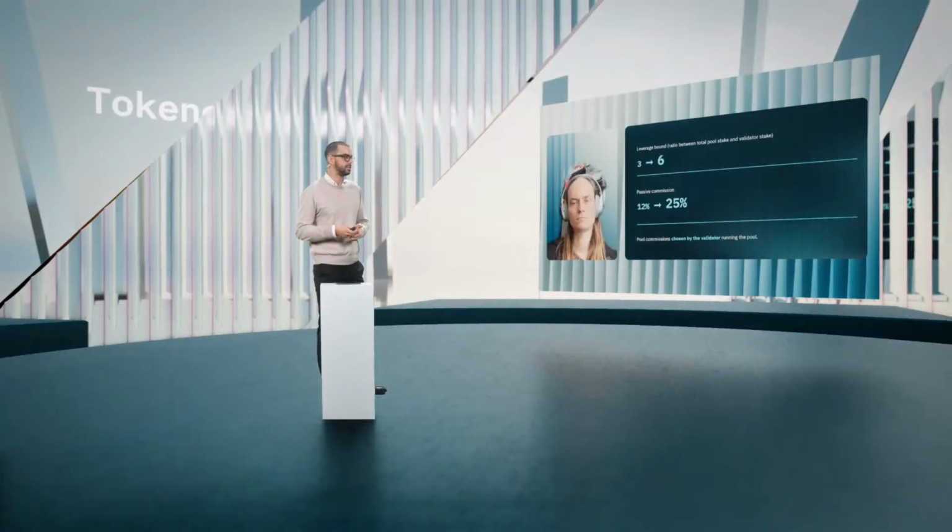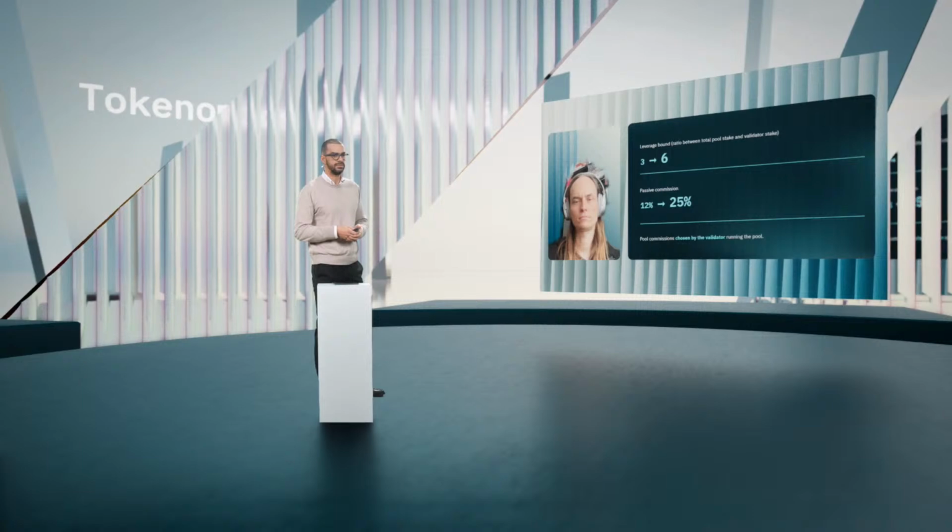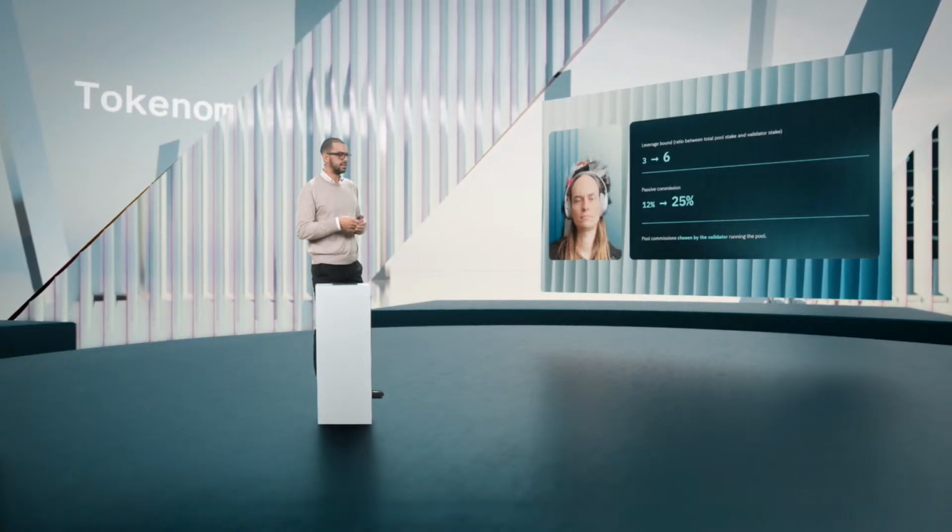Another change we've been doing is to increase the passive commission from 12 to 25%, which in its simplest form is going to disincentivize people from using the passive delegation pool.